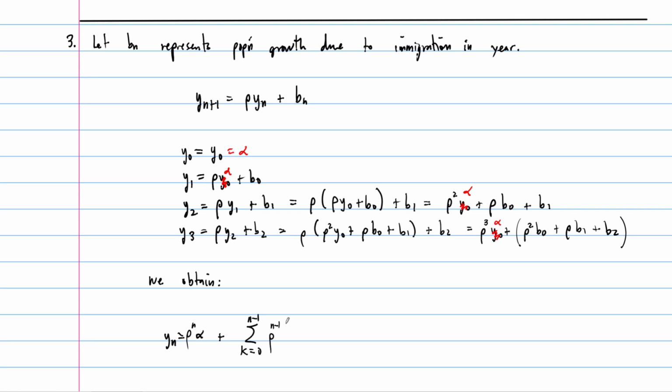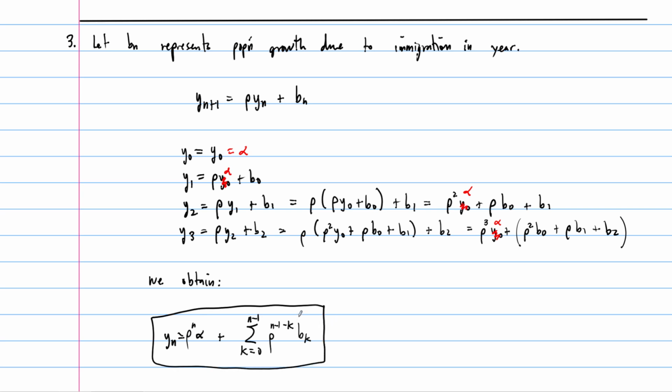So that's the largest it can be, and then minus k, they count down, times b sub k. So when k is 0, this is rho to the n minus 1 times b0, etc. When k is 1, it's going to be rho to the n minus 2 times b1, etc. And so there's our solution when immigration is involved.